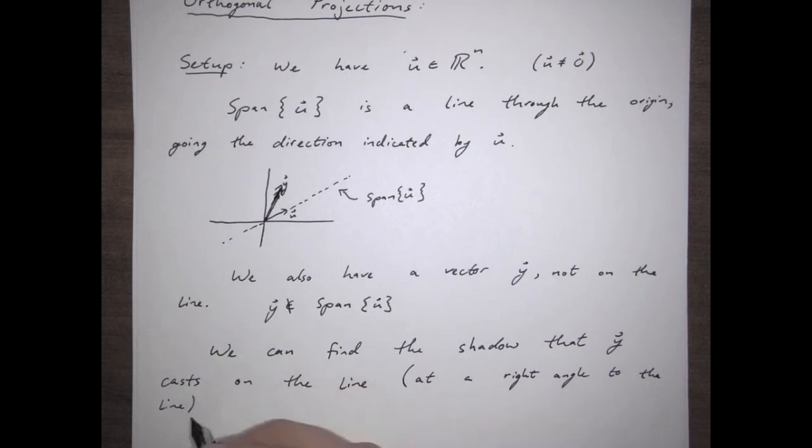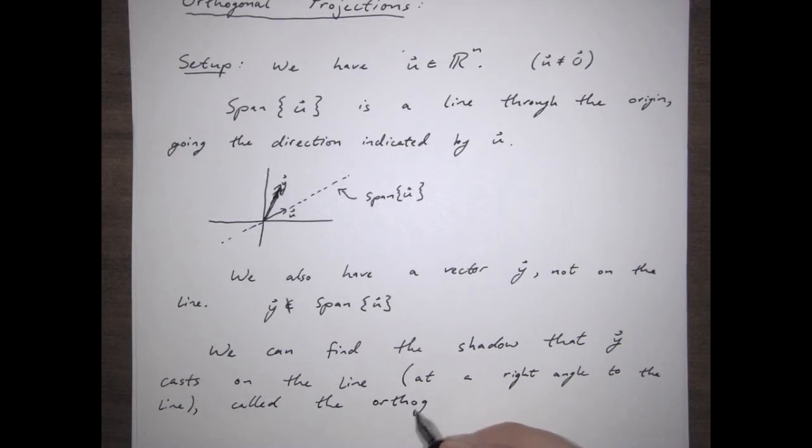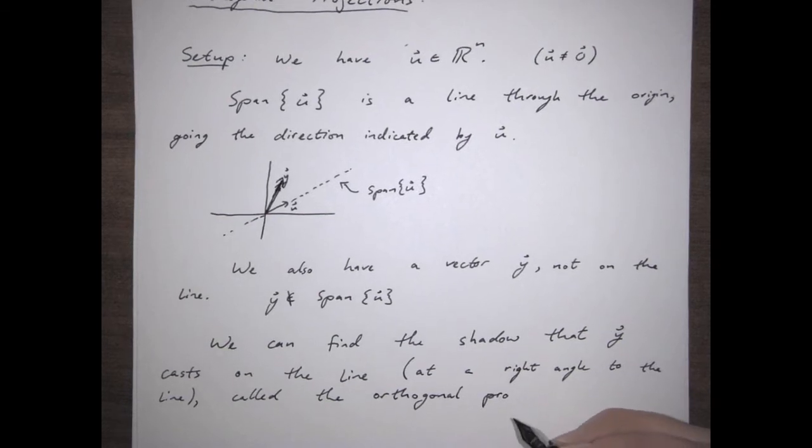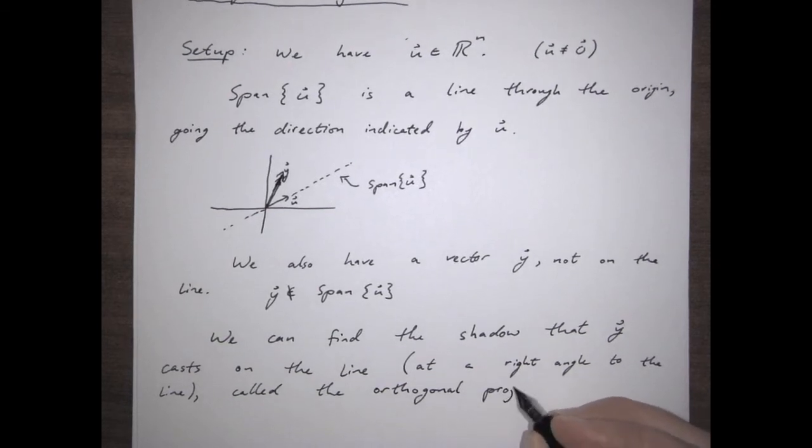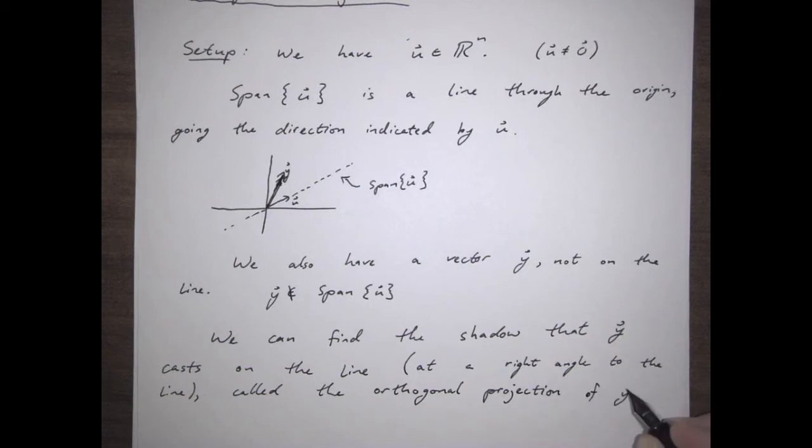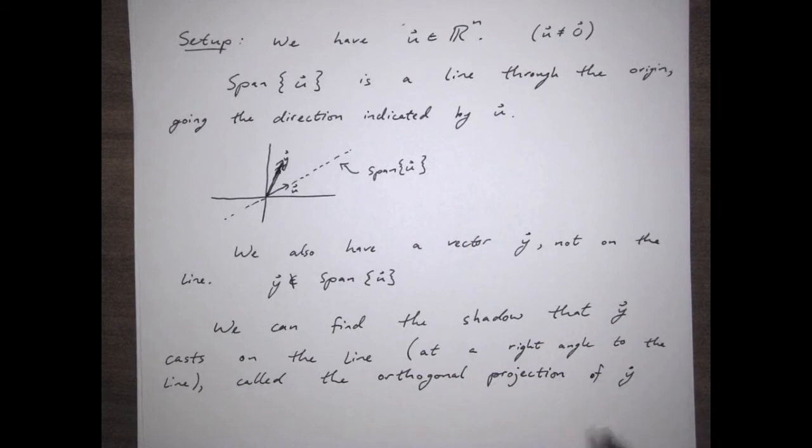At a right angle to the line. This is called the orthogonal projection of y onto the line.